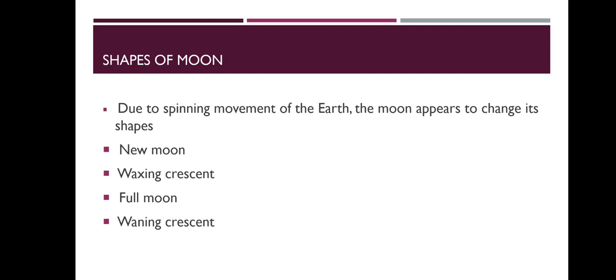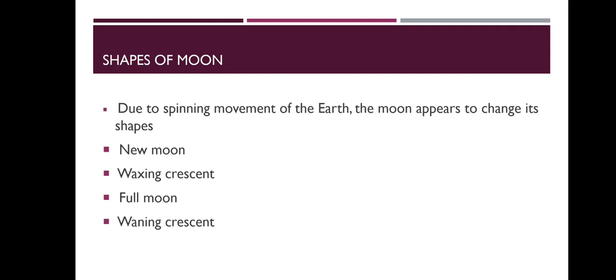So we can see only the portion that has light, and we assume that this is the shape of the moon.